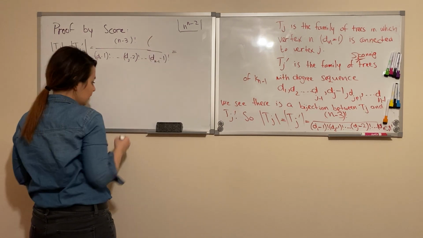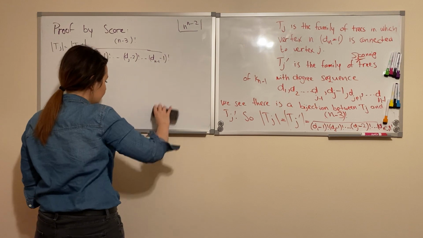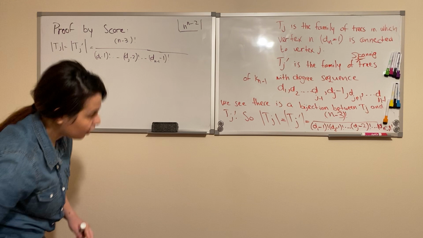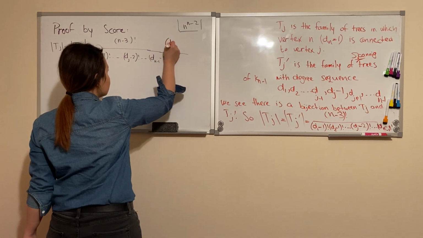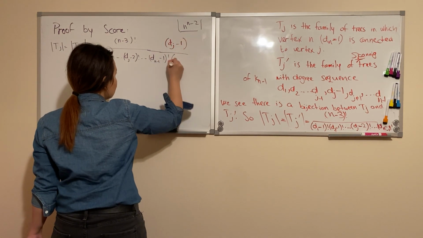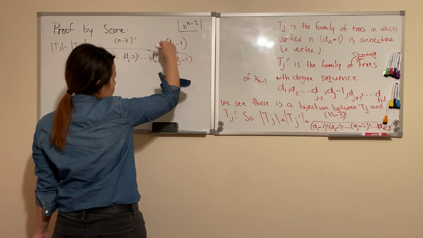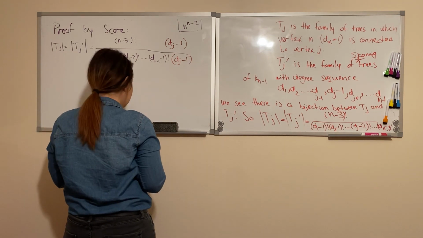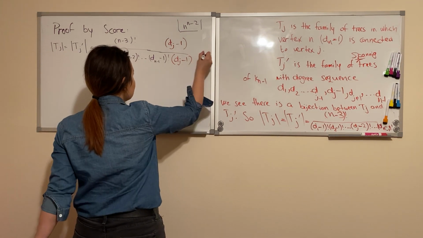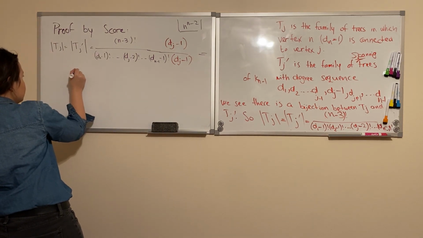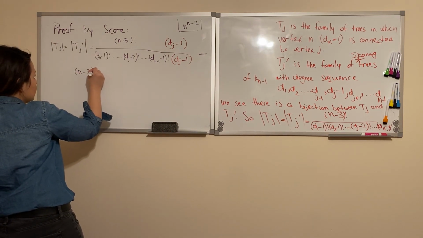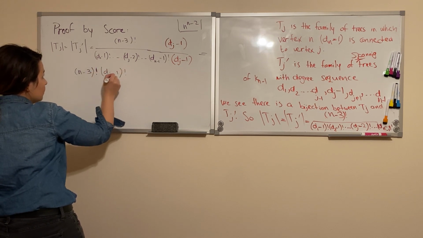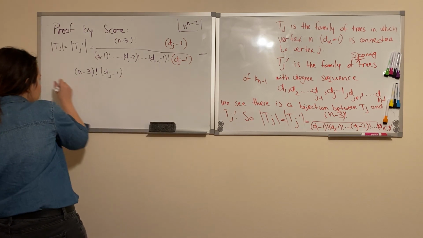So if I multiply both parts of my fraction by dj minus 1, it is the same as multiplying by 1, right? So there is no difference if I do that. So what happens here, I will have n minus 3 factorial times dj minus 1, not factorial, I'm sorry.